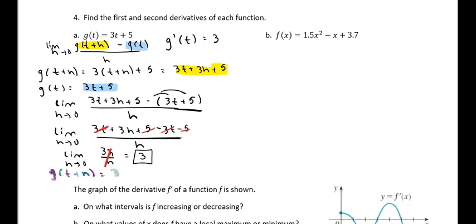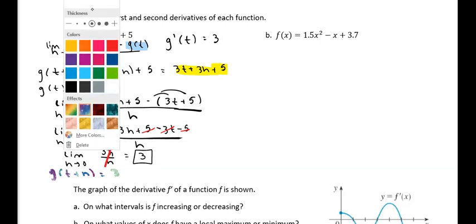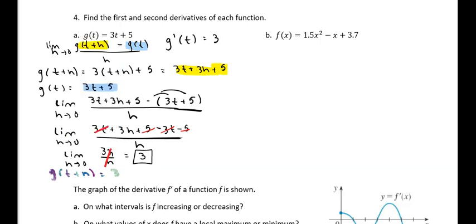There's no parenthesis here, so we don't have anywhere to fill in our different values. And then if we were to find just g of t, we would get 3 again, because there's nowhere to put the t. So in the numerator right here, when we go to put in our g of t plus h, we'd have 3 minus 3, which is going to give us 0. So 0 is going to be the derivative.